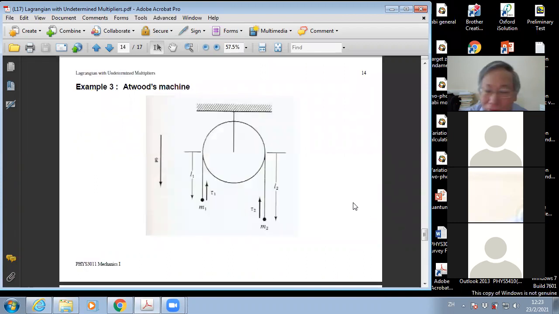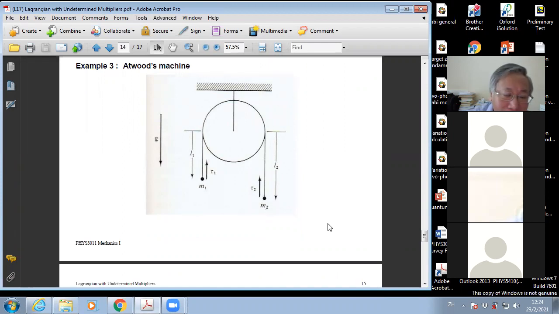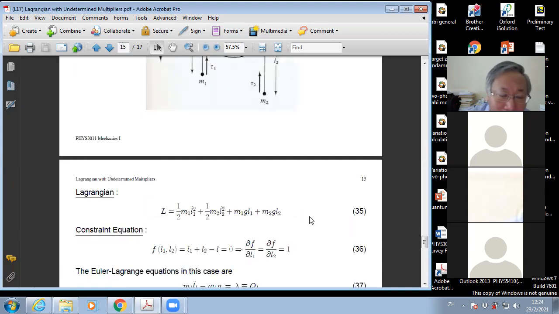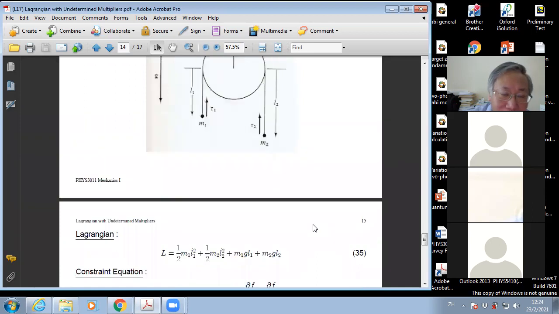So the third example, Atwood's machine. So we have a pulley here. There is a string connecting M1 and M2, right? So we can write down the Lagrangian. The Lagrangian contains two parts, kinetic energy and potential energy.